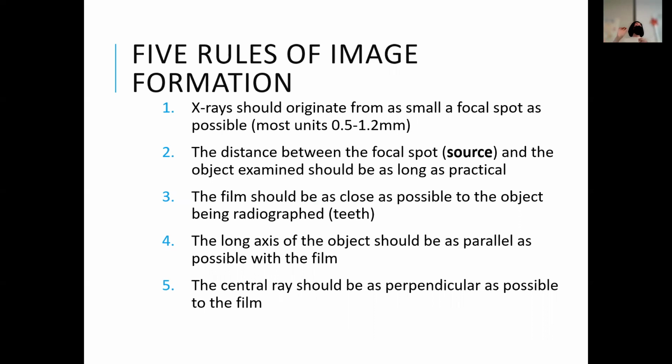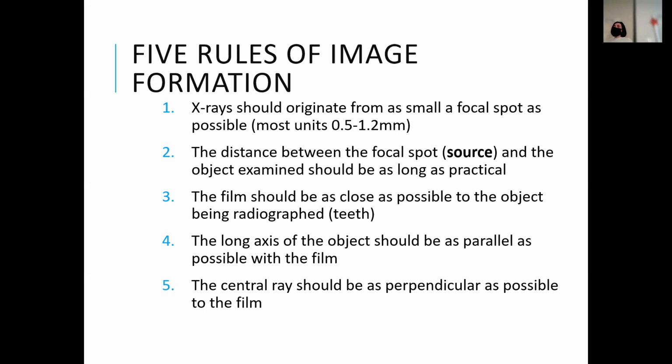For whatever reason, this is physics that's beyond my understanding, the smaller it is, the better. So you want the X-rays to originate from a smaller focal spot. Typically, it's only 0.5 to 1.2 millimeters. Once you start using your probe, if you haven't already, 1 millimeter is tiny. So 0.5 millimeter to 1.2 millimeters.